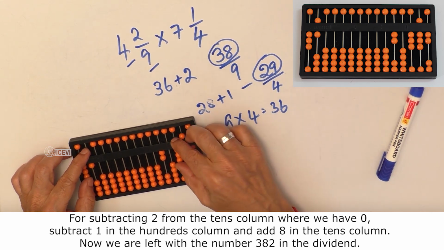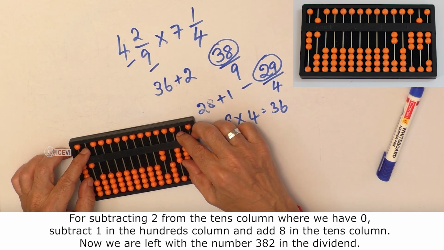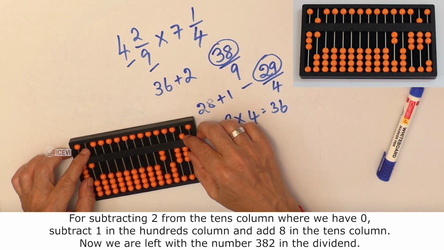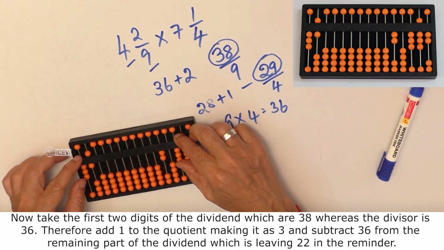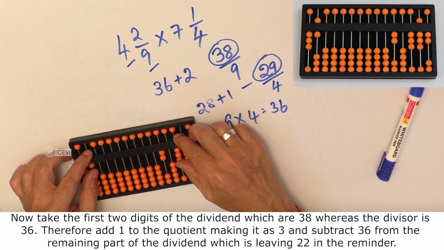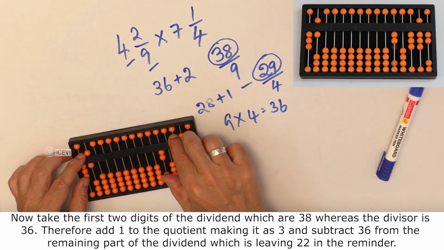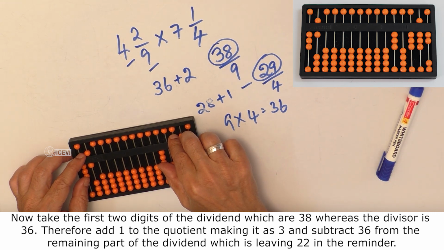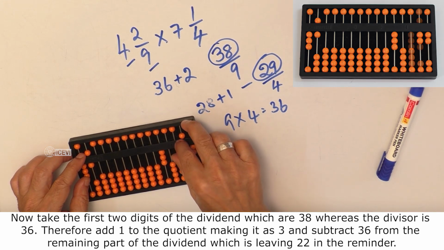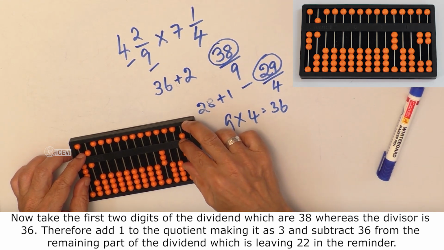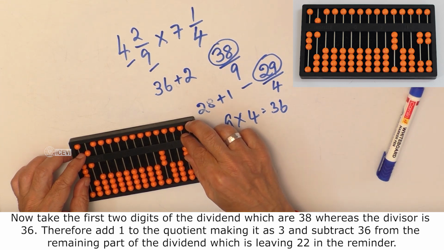Now we are left with 382 in the dividend. Now take the first 2 digits of the dividend, which are 38, whereas the divisor is 36. Now add 1 to the quotient, making it 3, and subtract 36 from the first 2 digits of the remainder in the dividend.